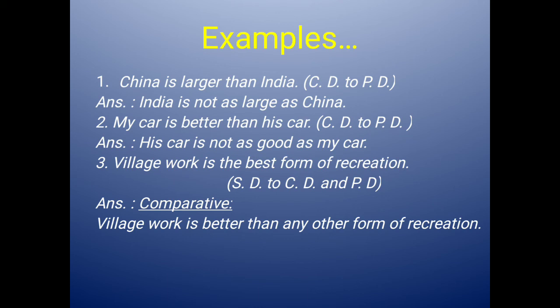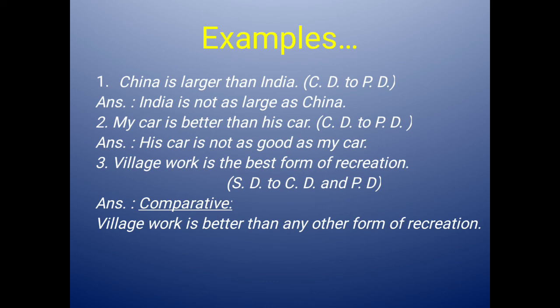Why have we used better here? Do you know the three forms, that is good, better and best? Okay, good, better and best. So in comparative degree we need to use better, and in positive degree we need to use the simple word, that is good. I hope you have understood this.